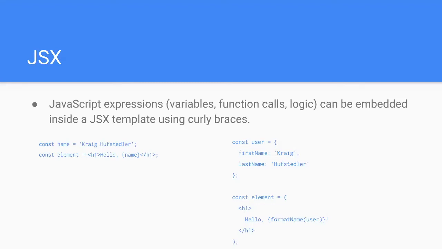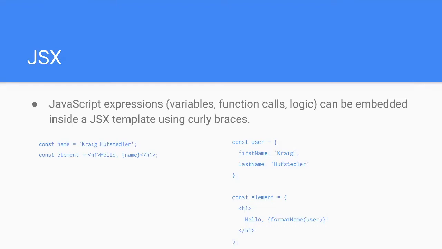Over here on the left is a slightly more complex example where we've got an object defining our user with a first name and a last name. Then in our JSX, we can call a function like format name, which in this case just concatenates the two. Whatever the result of this function is gets inserted into our HTML, and we've got our curly braces there.